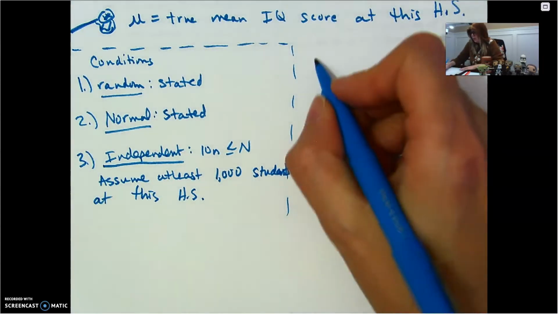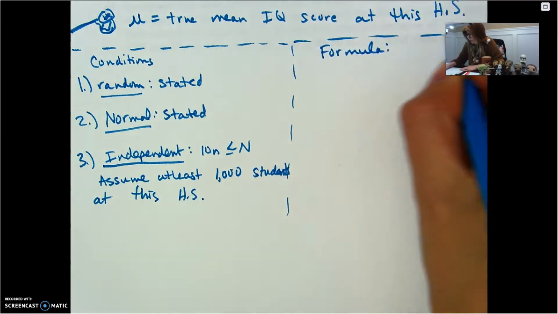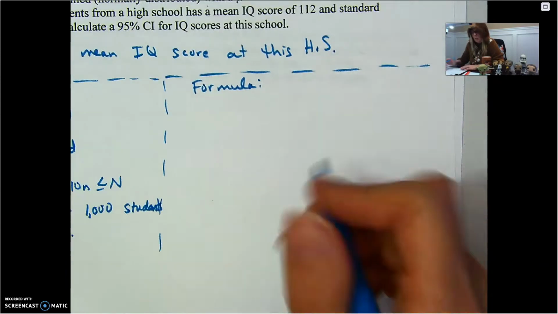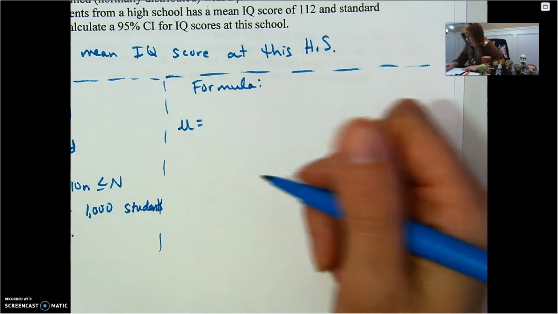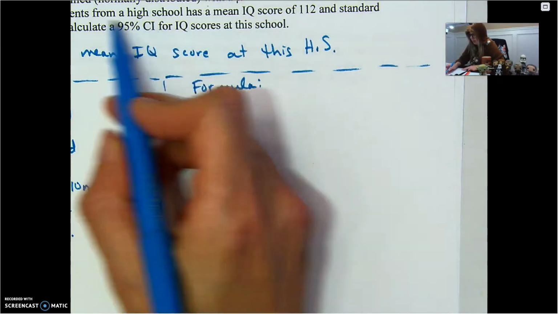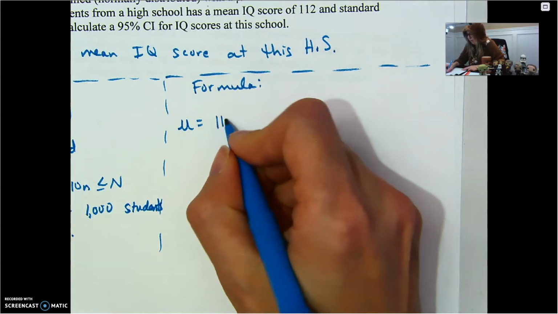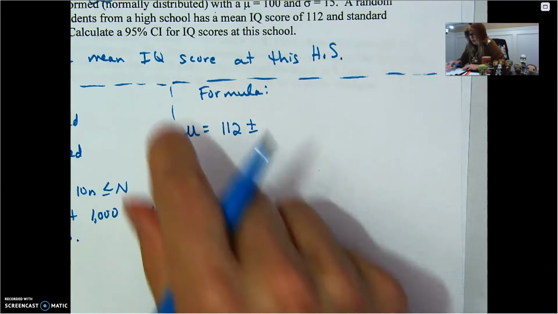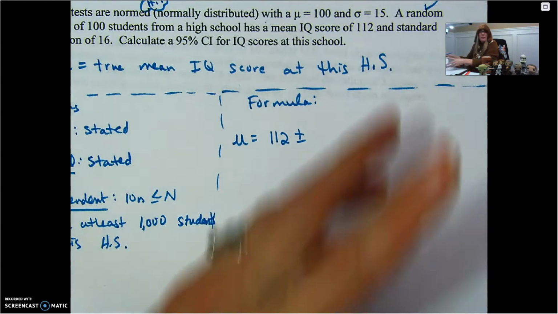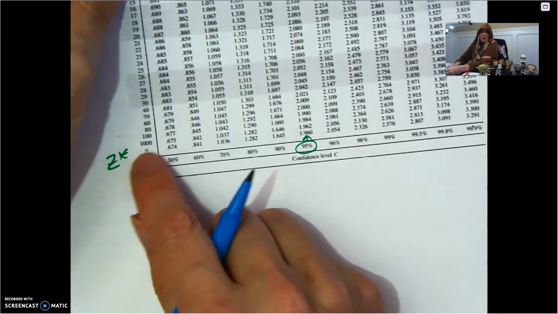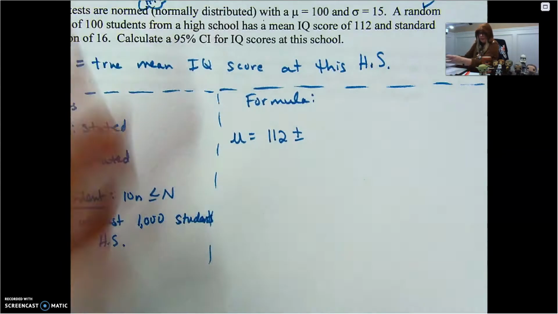All right, so time to do our formula. We're going to capture the true mu using our x bar. It said from this sample that we had a mean score of 112. Then we need the z star, and we're doing 95% confidence. So if you grab your chart, bottom row, z star for 95% is 1.96.